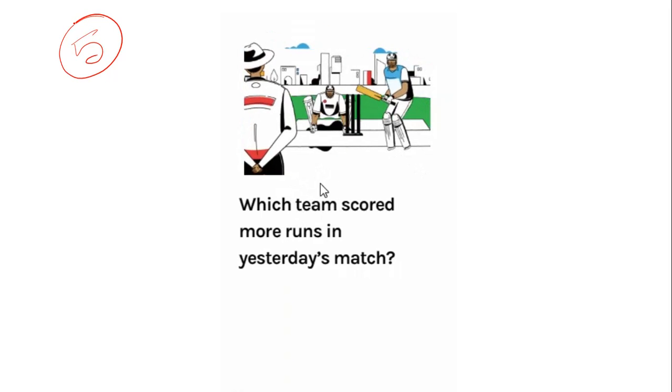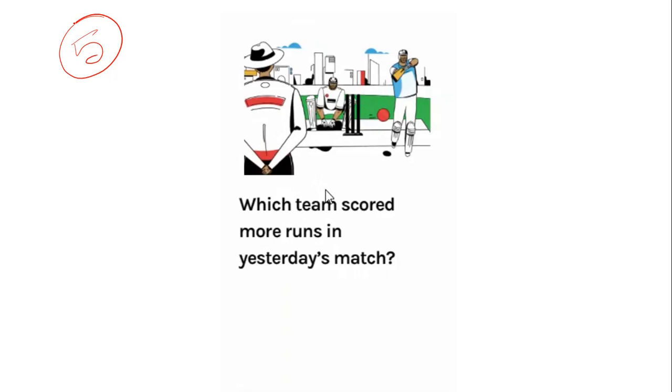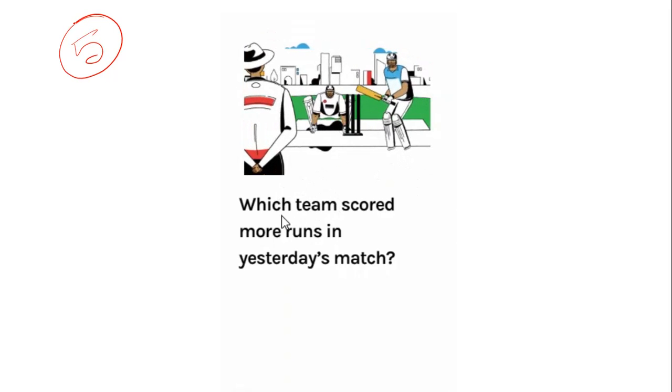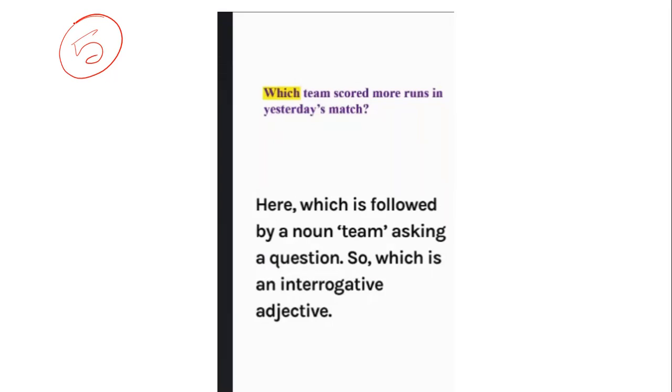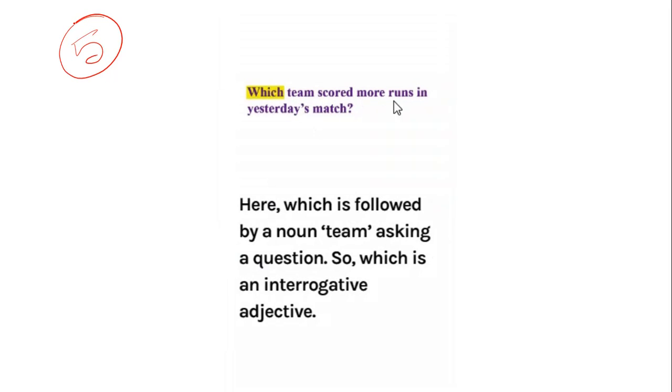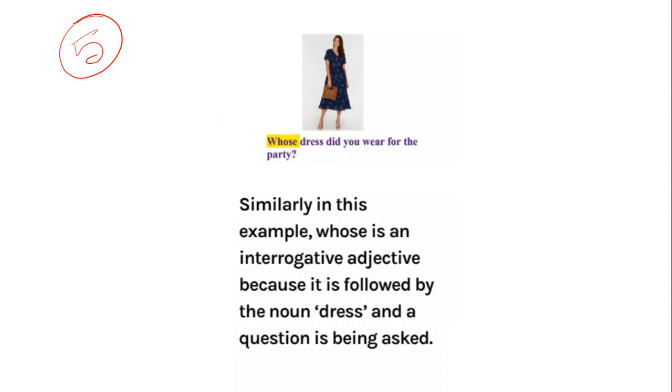It's telling you about which team. So we are asking a question about this noun. Here which is followed by the noun team, which is asking a question. So which is an interrogative adjective.